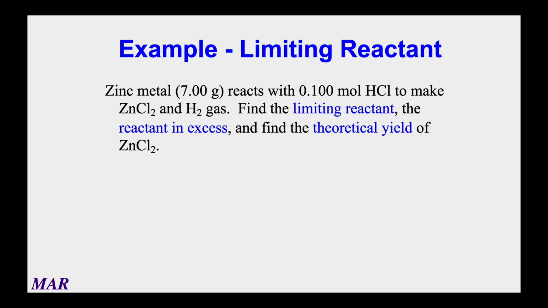And the answer there will be zinc or HCl, the opposite of what we asked earlier. And then finally, once you know the limiting reactant, we'll go grams to moles to grams or some derivation like that to find what the theoretical yield of ZnCl2 is. Remember, theoretical yield comes from the limiting reactant. So we need to know how this works out.